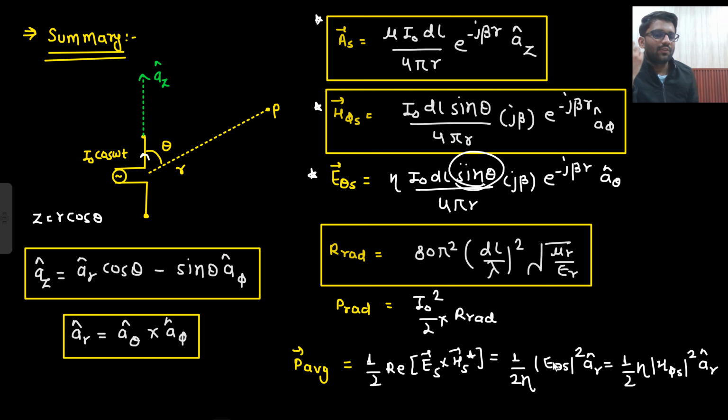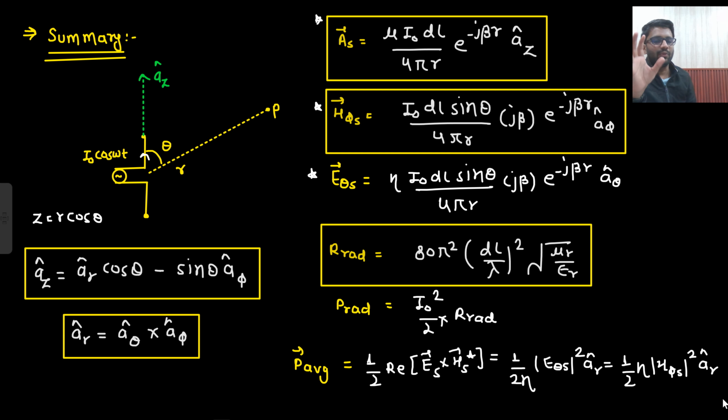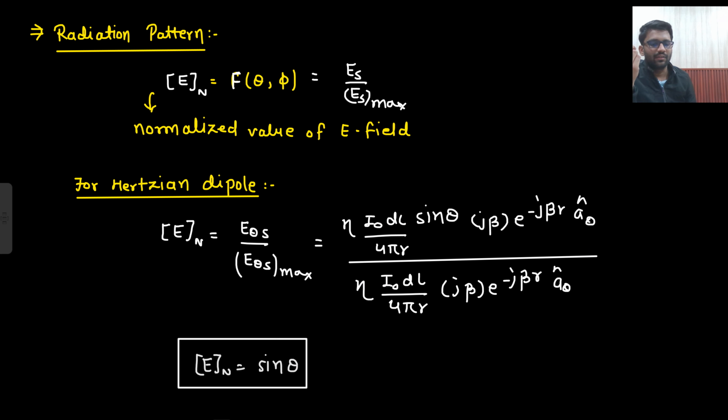Here sin theta is the function of theta and phi. So my normalized value of electric field is coming out to be sin theta. Now I need to plot sin theta versus theta and sin theta versus phi, and how I will plot it, I am going to show now. So always, whenever they ask for the radiation pattern, you need to take the exact expression divided by the maximum value, and the maximum value you already know.